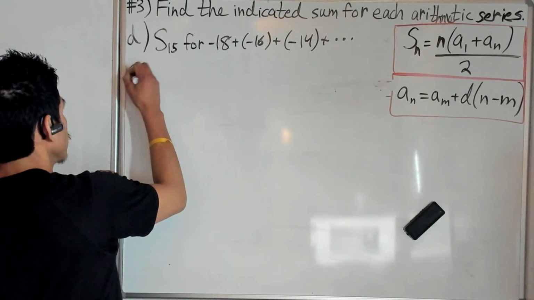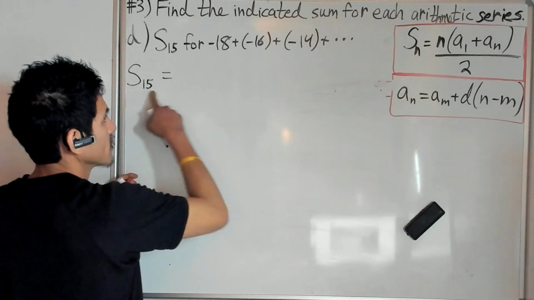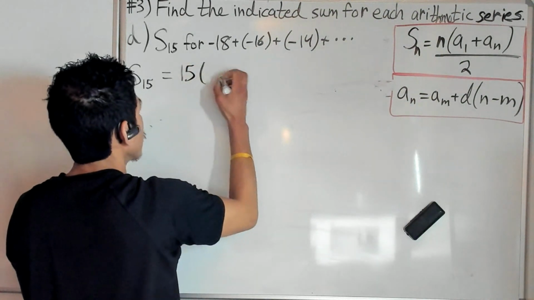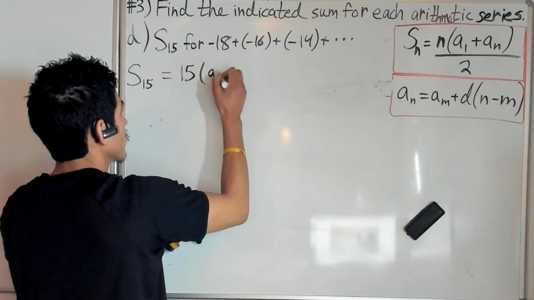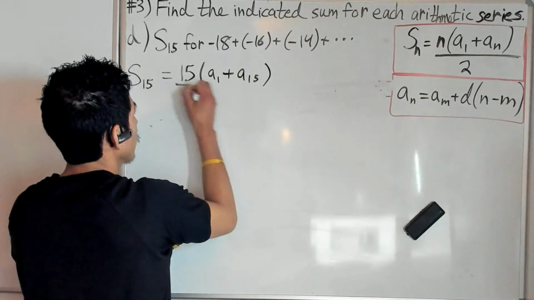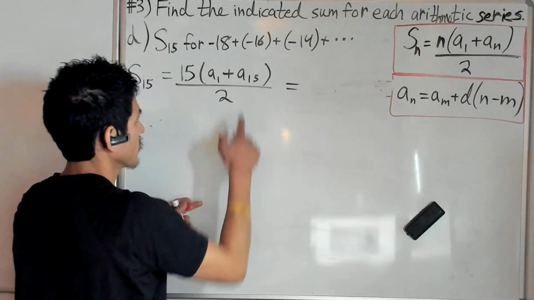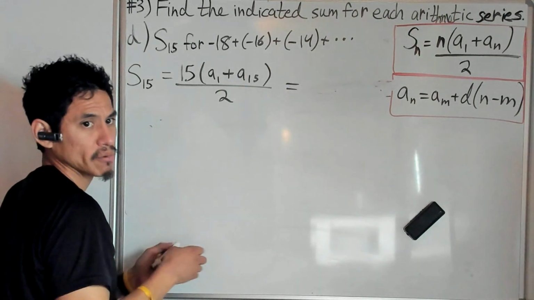So S15, we need again, n is then 15 using this formula. 15 times a1 plus a15 in this case, all over 2. So we have a1, but let's find a15. Then let's plug it in and then we'll solve.